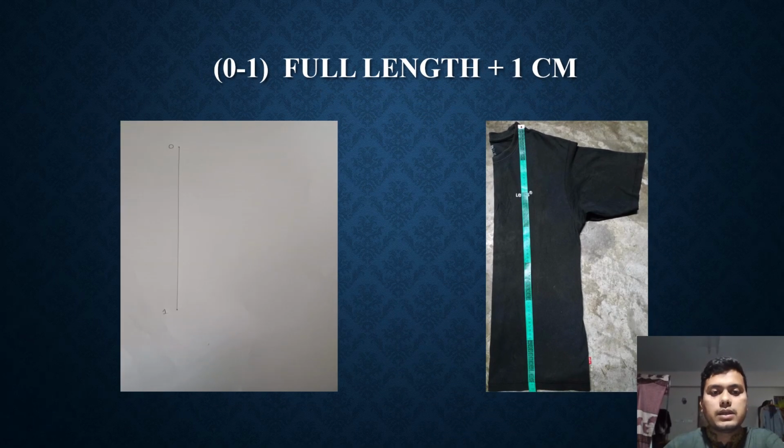The next one is the 0 to 1 full length, which I described before. If we see it practically, the line on the right side is the example of the full length, and we add 1 centimeter allowance.